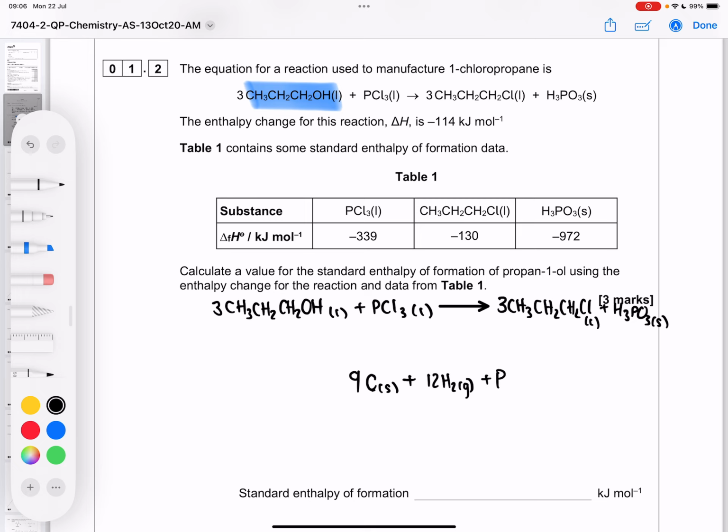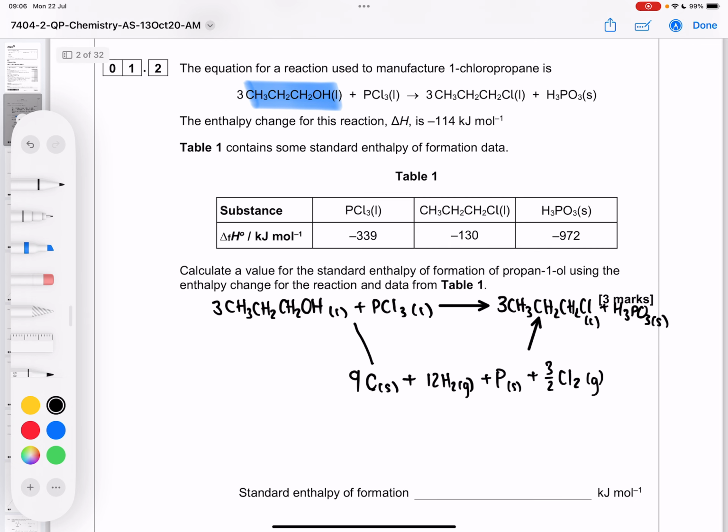So we can just put P. We could have put a quarter of a P4, but P will do for this, and then 3/2 Cl2s, and we're forming these substances at the top from the elements in their standard states.